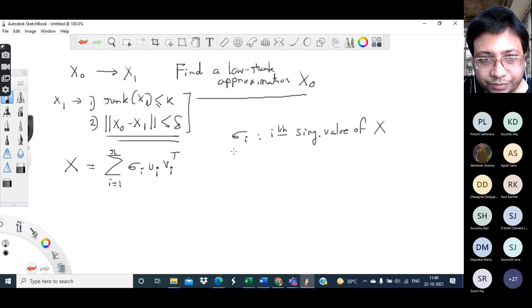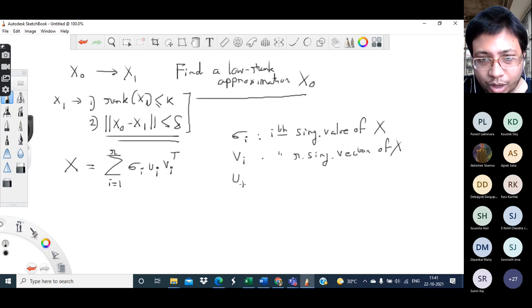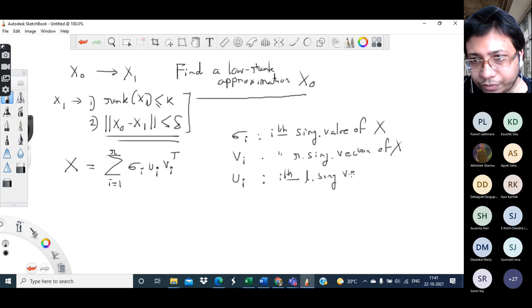What is vi? Vi is the ith right singular vector of x. And what is ui? Ui is the ith left singular vector of x.